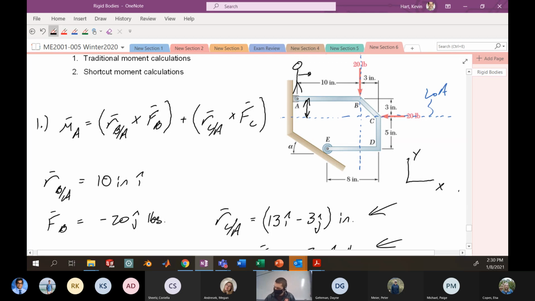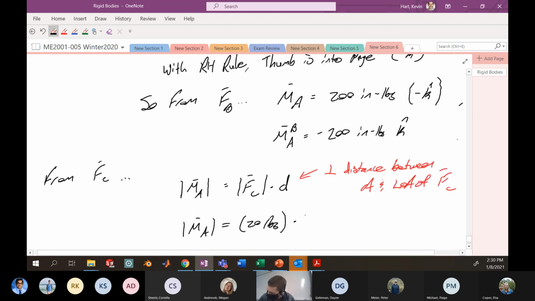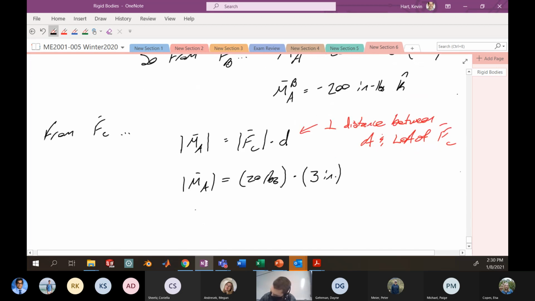Right? That distance is 3 inches. Okay. So back down here, times 3 inches. So the magnitude of the moment at A from this force at C is just 60 inch-pounds.